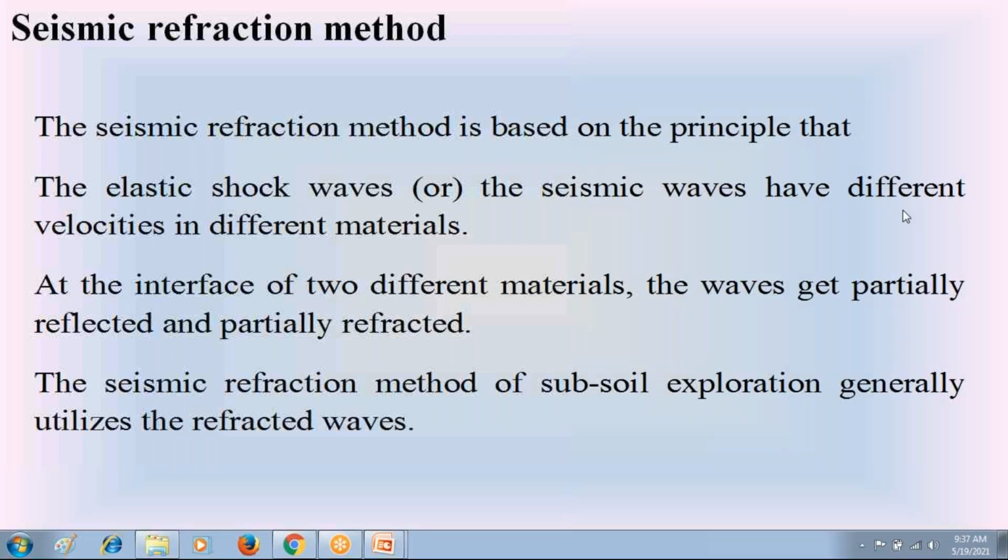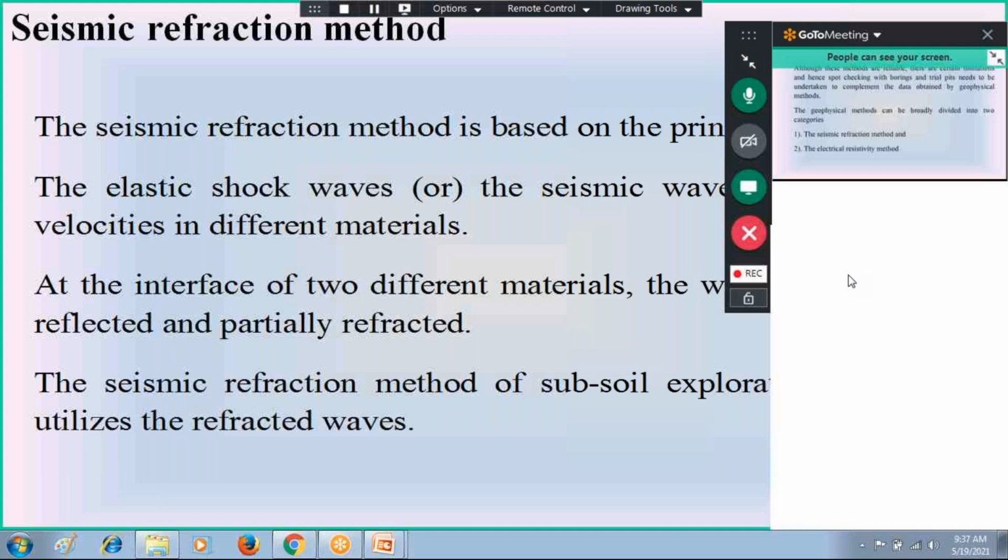So you might have studied in the lower classes that when a wave is moving in materials, the velocity of the wave is different in different materials. It is not the same in all materials. The velocity is directly proportional to the density.